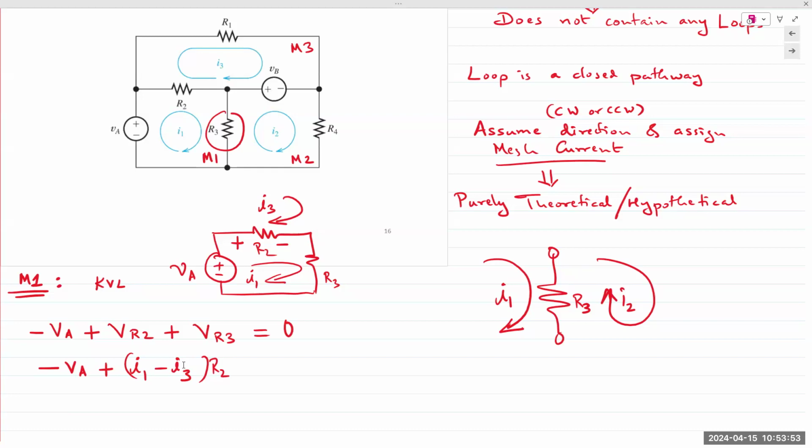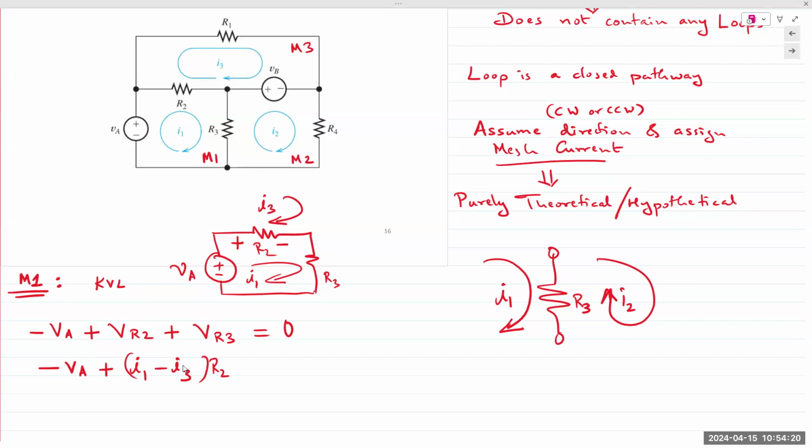You can try that out for yourself. So R2 is shared between mesh 1 and mesh 3. Both of those currents are clockwise, so it'll become I1 minus I3. When you get to mesh 3 and you add up the voltage across R2, it'll become I3 minus I1.